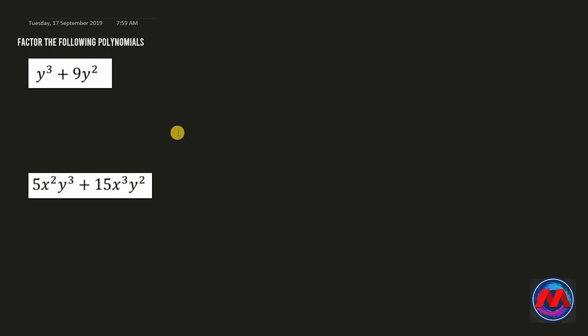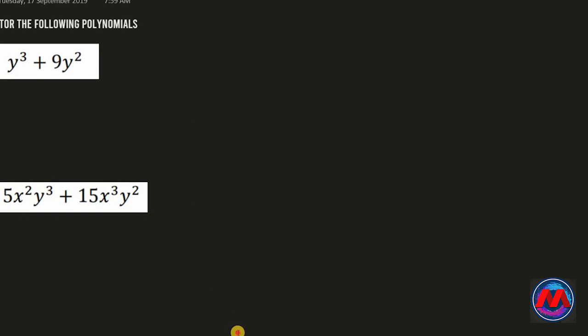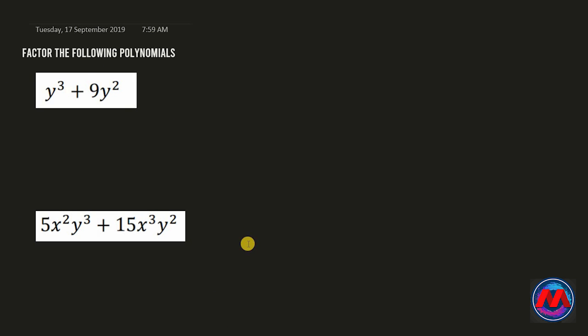Let's start here with factoring. First, we notice that they have a greatest common factor. As we can see, this is y cubed, this is 9y cubed, they have the same variable which is y.